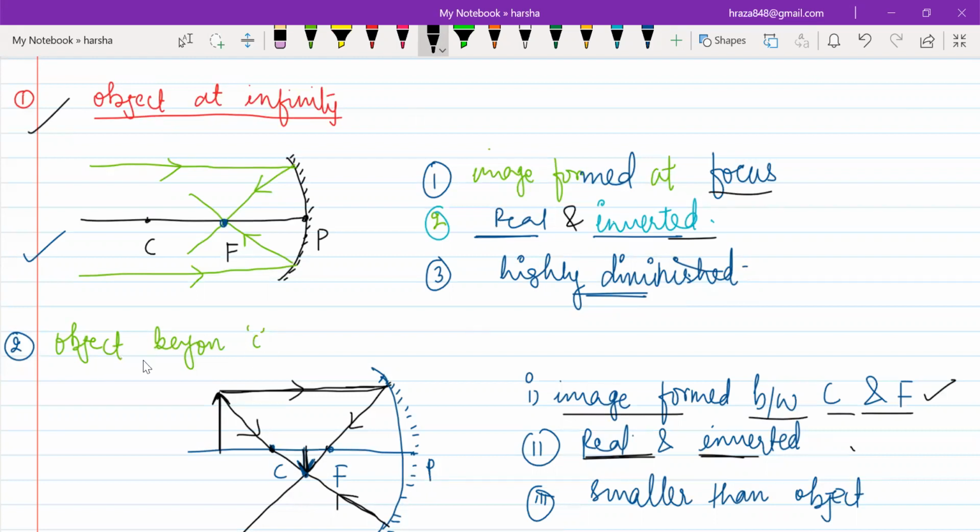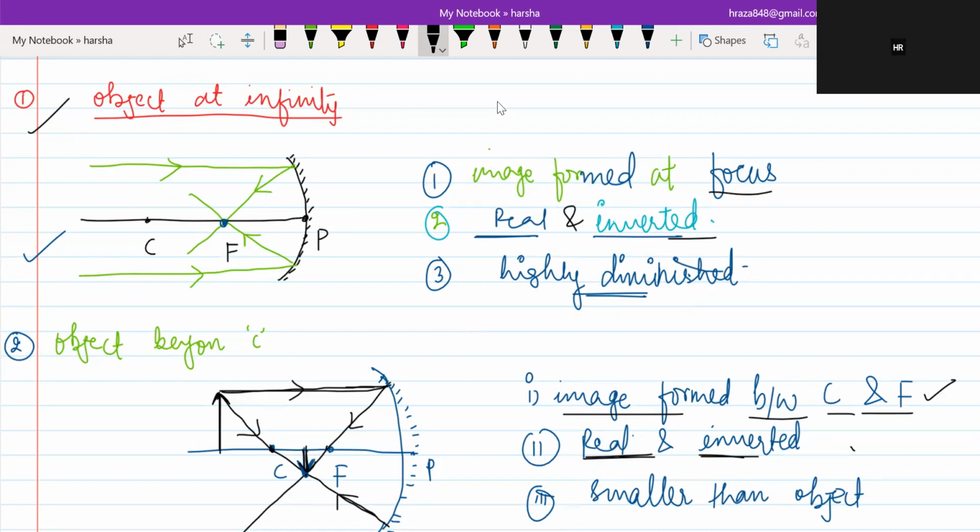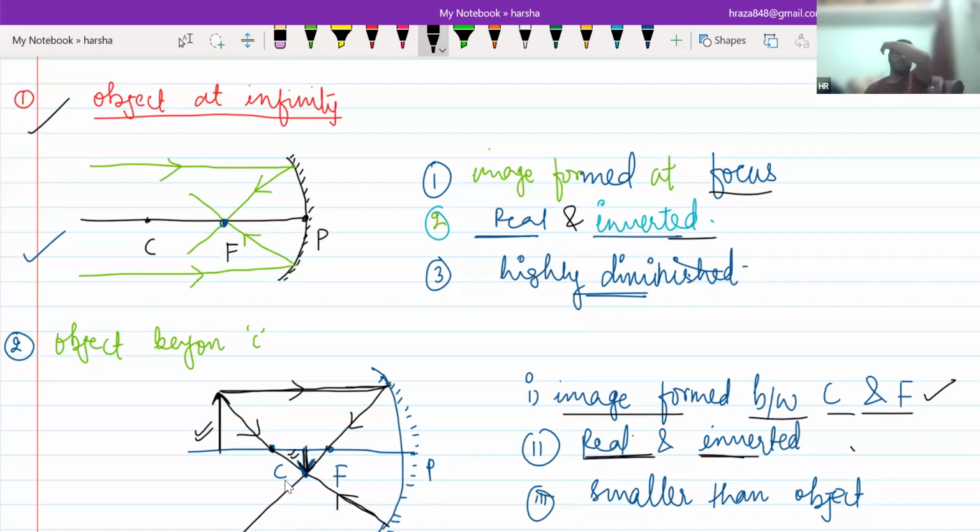And object beyond C: the image is formed between the center of curvature and focus, also real and inverted and smaller than the object. You can see this is the object and this is the image size. So the image is smaller than the object when the object is placed beyond C.